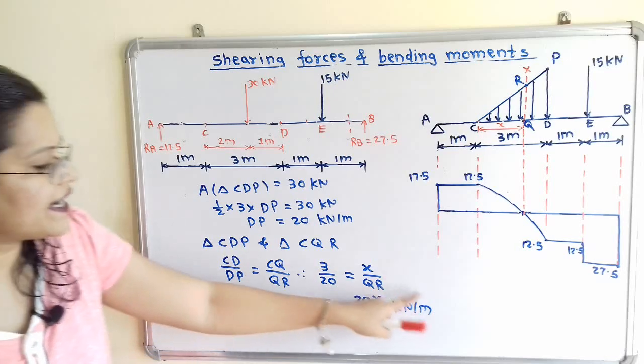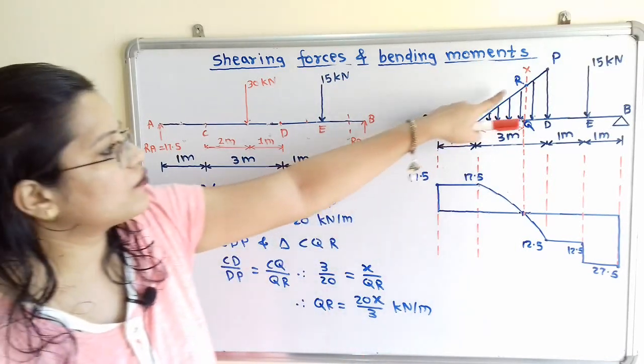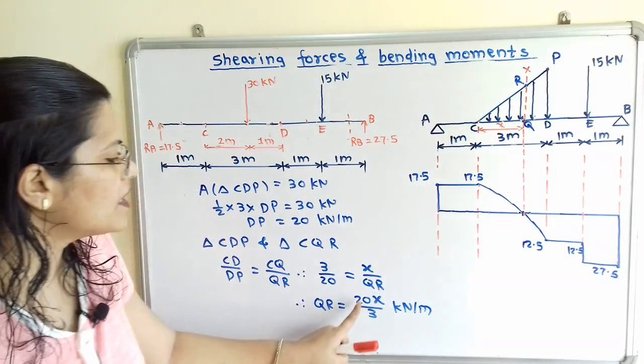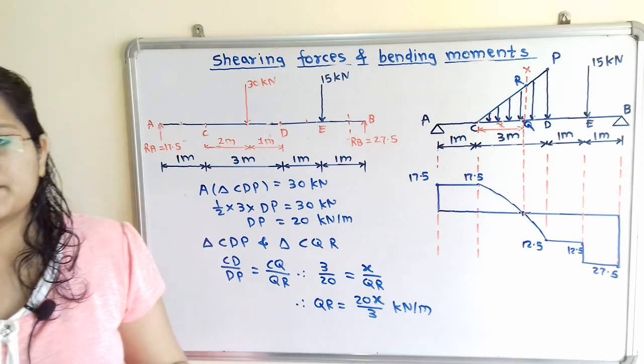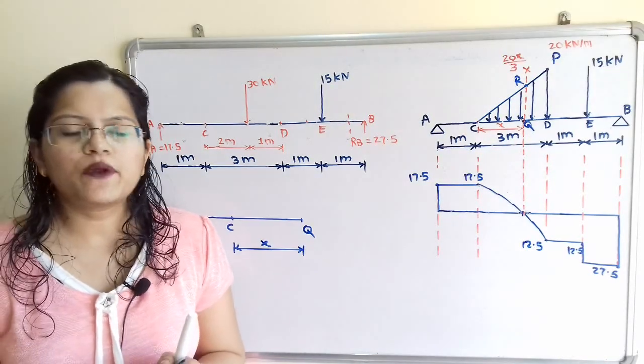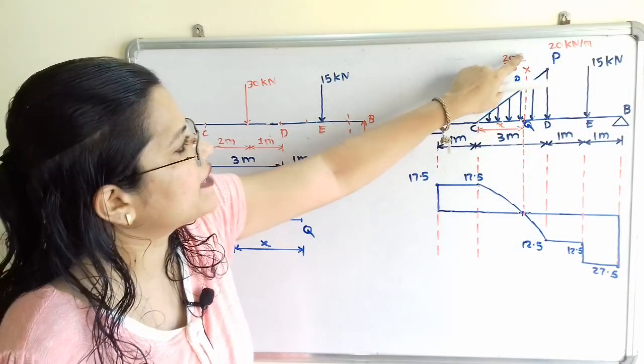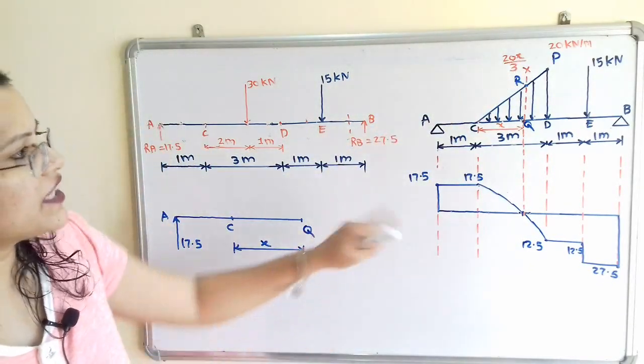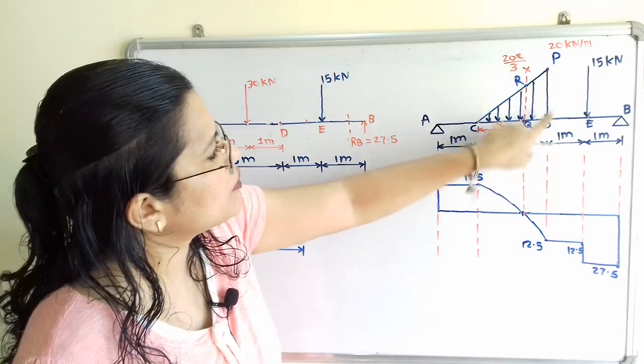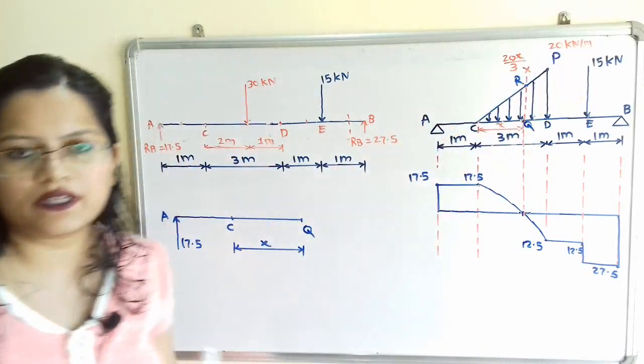So this is the rate of loading, and we show here this rate of loading 20x by 3. Now we plot the rate of loading along the section XX, that is equal to 20x by 3, and the rate of loading at the maximum load D is 20 kilonewton per meter.